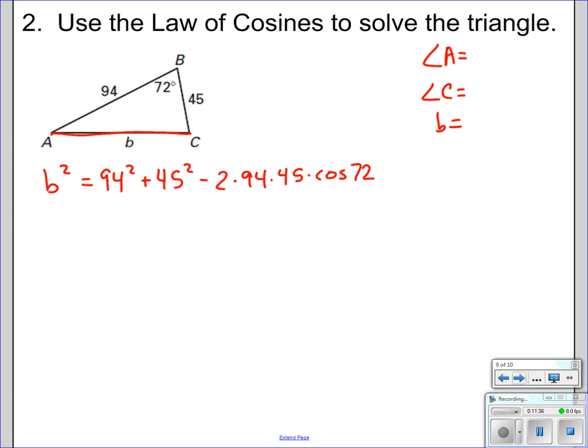You can just type this in your calculator as you see it there. Remember that when you type that in your calculator, you have B squared.